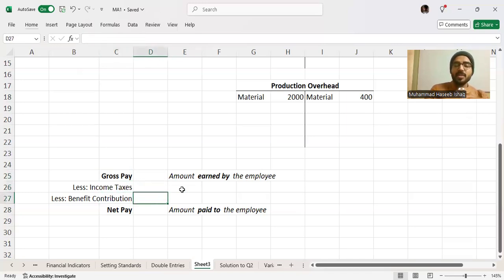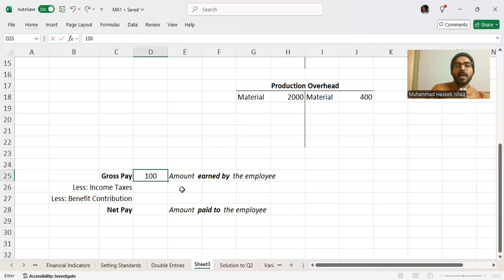So what is the benefit contribution? This is the amount that you have separated from the amount earned by the employee, just like the income tax, so you can pay it to the pension authority. For example, the pension company that is maintaining the pensions of your employees. You deduct this amount so you can pay it to the pension company.